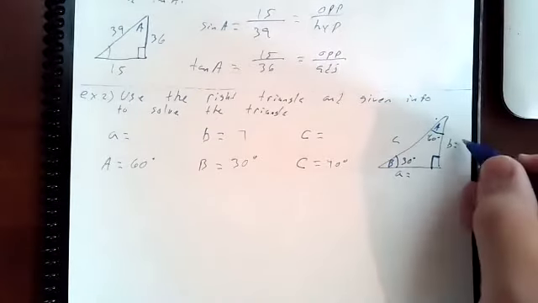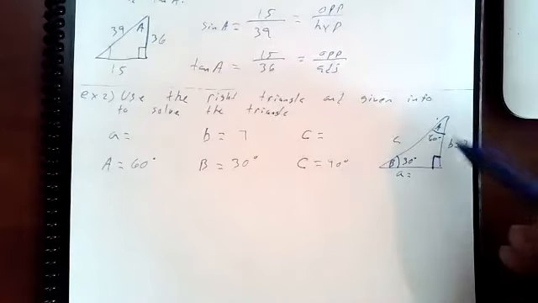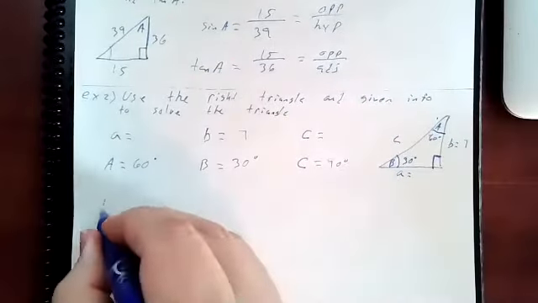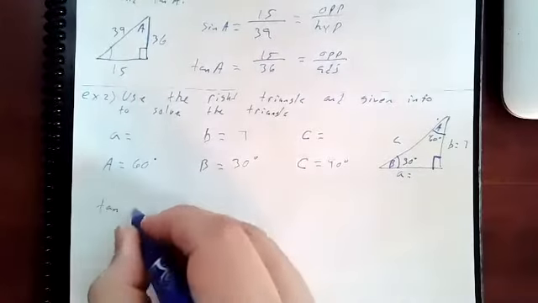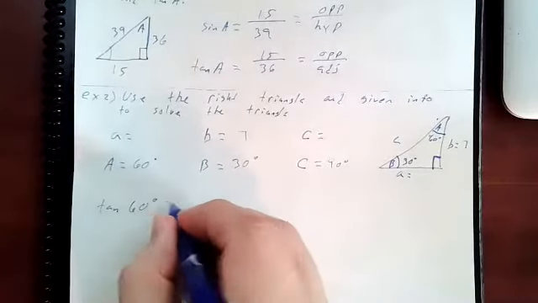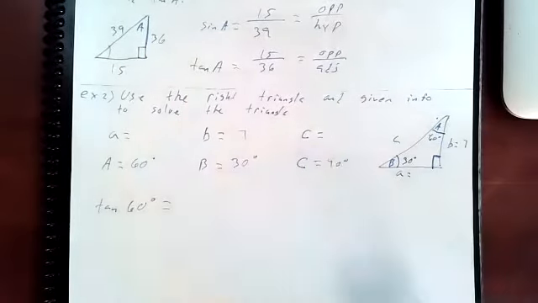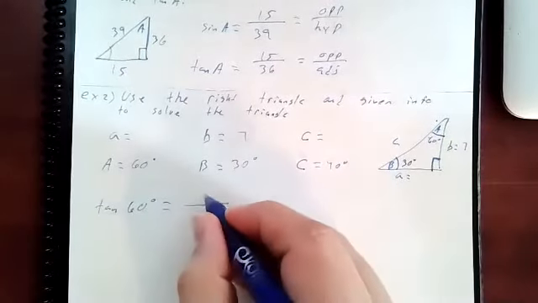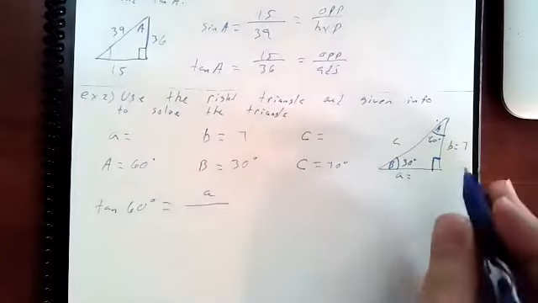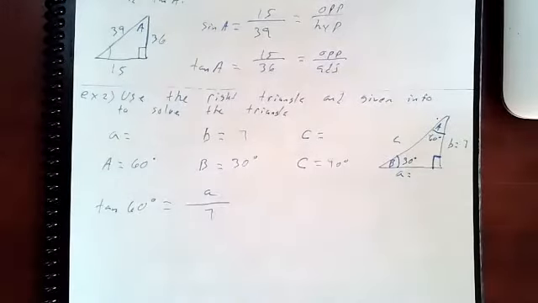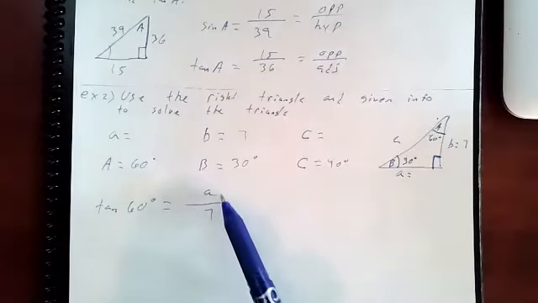B is 7, so I can have one unknown to solve for it. So tangent of 60 is equal to opposite to that angle, which is A, over adjacent, 7. So use the definition to help you out, and once you've set up the equation, just solve for A.